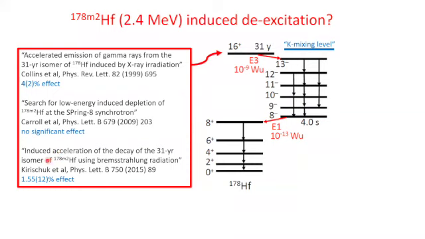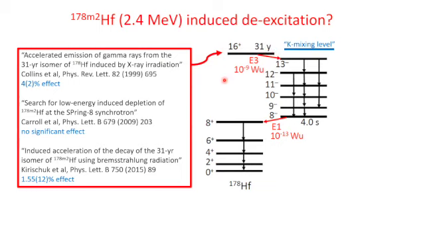Nevertheless, there's a Ukrainian group, Kuryshuk and co-workers, who more recently have claimed that there is indeed an effect. So the book is not closed on this, but it's pretty hard to do the measurement, because it seems to be small effects in the presence of the activity of the 31-year isomer.